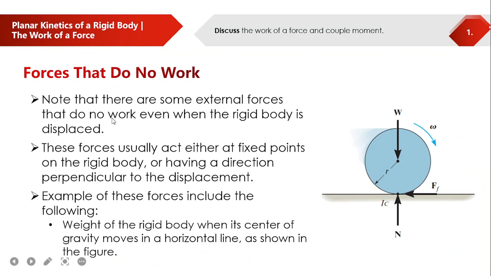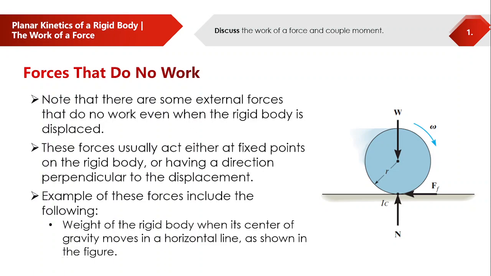Now, meron din tayong tinatawag na mga forces na hindi nagwo-work. Ito yung forces that do no work, so your work is equal to 0. Note that there are some external forces that do no work even when the rigid body is displaced.